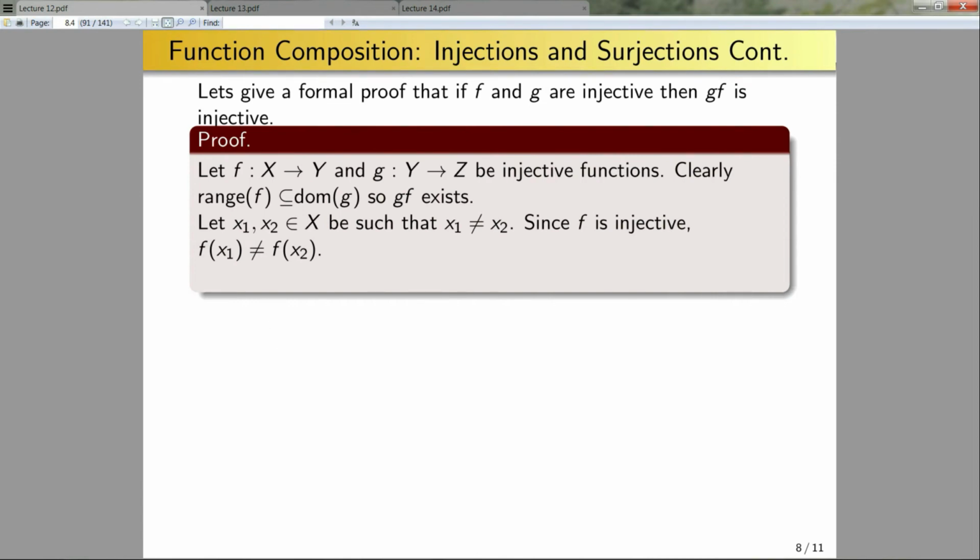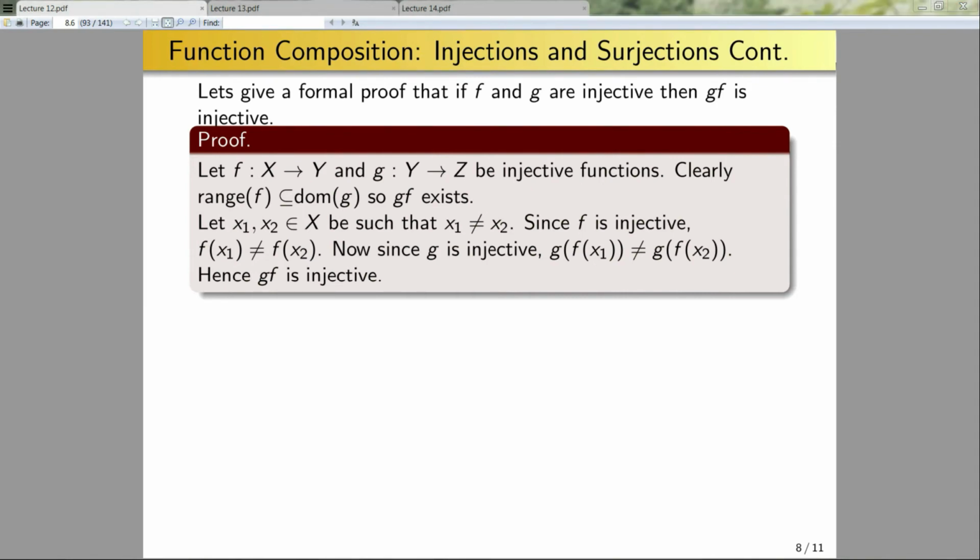Further, since f of x1 and f of x2 are now unique elements of Y, I can use the injectiveness of g. So since g is injective, g of f of x1 is not going to be equal to g of f of x2. And again, that simply comes from the fact that f of x1 does not equal f of x2. But this statement here is the statement that gf is injective, so hence gf is injective.